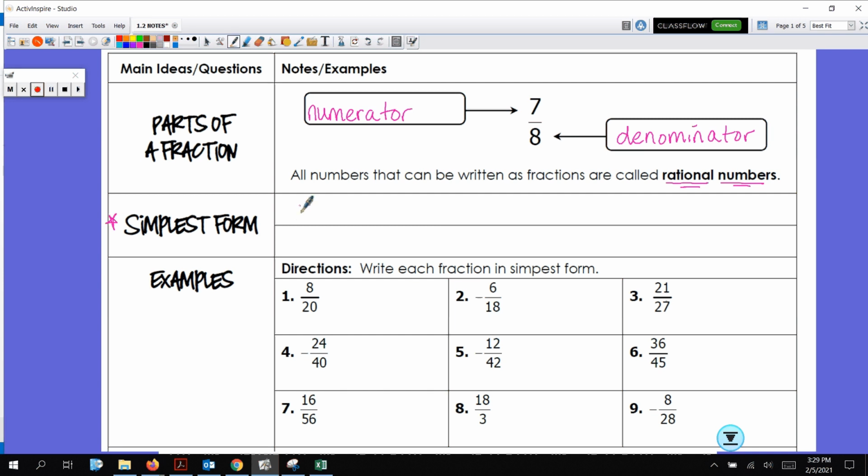All right, so simplest form is a fraction that cannot be further simplified, or simplified any further. It's in its most reduced form. Simplest form, AKA reduced.